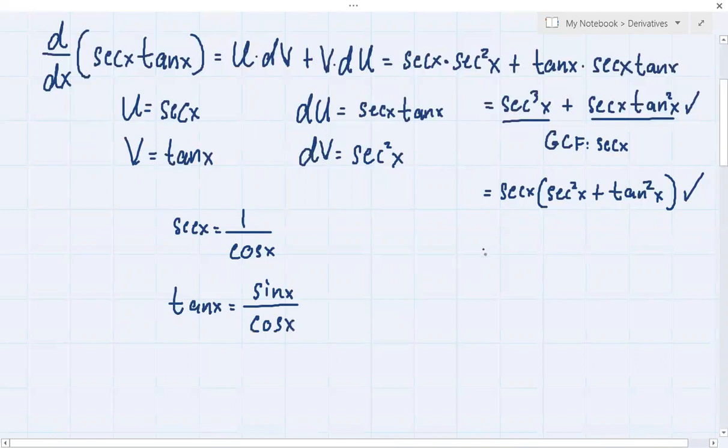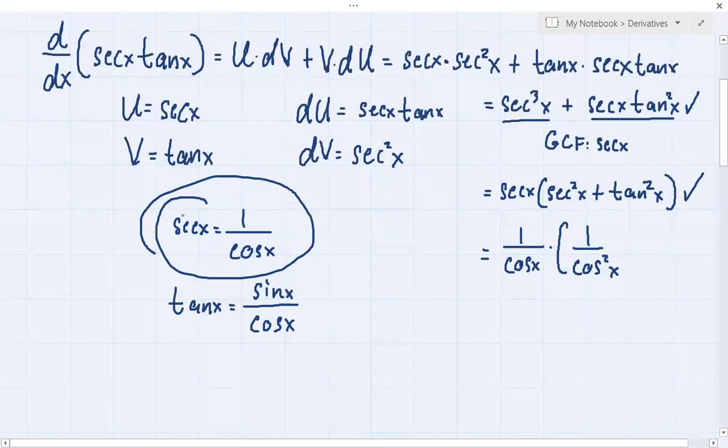Now let's substitute. So we have secant x dito. So this will be your 1 all over cosine x times square ng secant x. So basically, this is 1 all over cosine squared. Okay? Kumbaga guys, kapag si secant, kunwari ito, focus tayo dito.